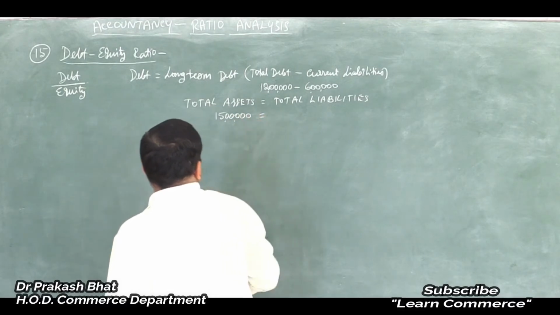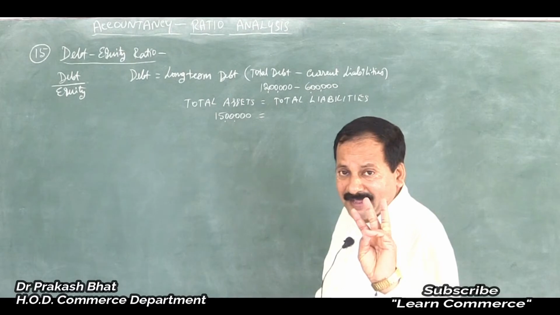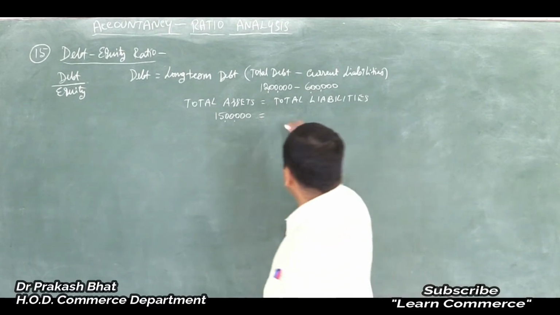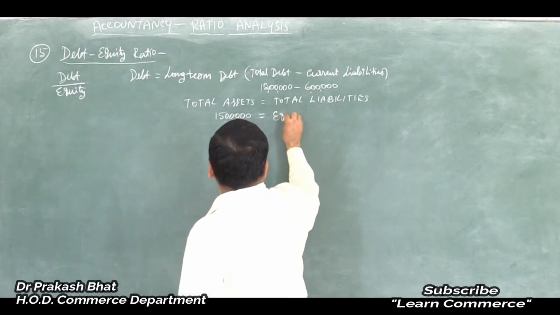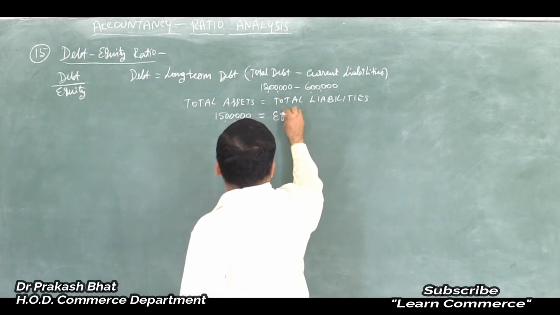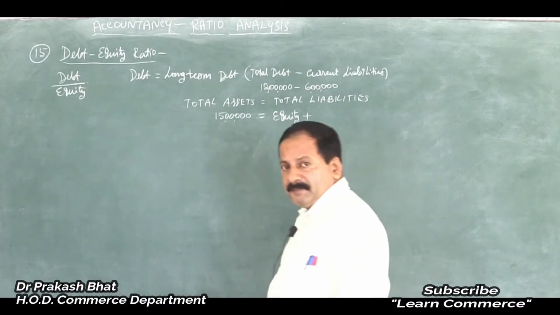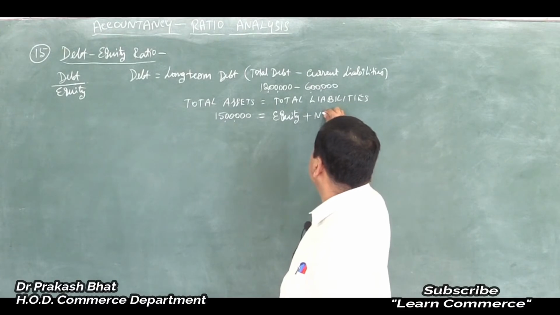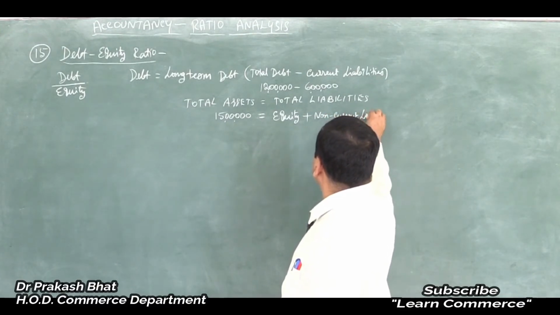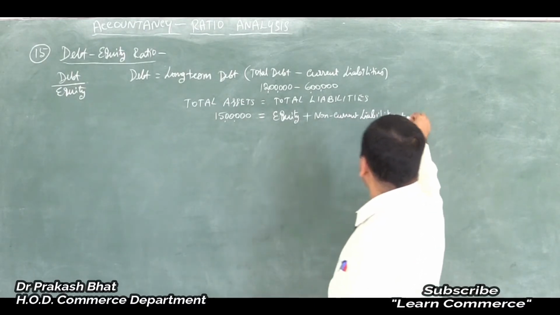15 lakh is equal to, liability consists of three items: equity or shareholders' funds, plus non-current liabilities, plus current liabilities.